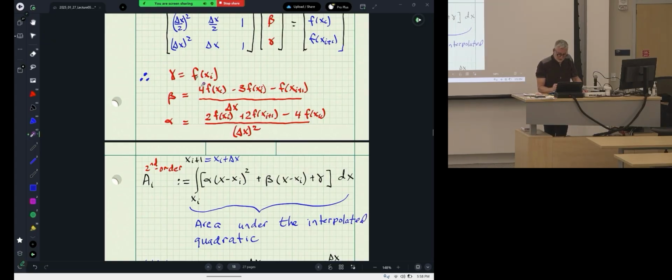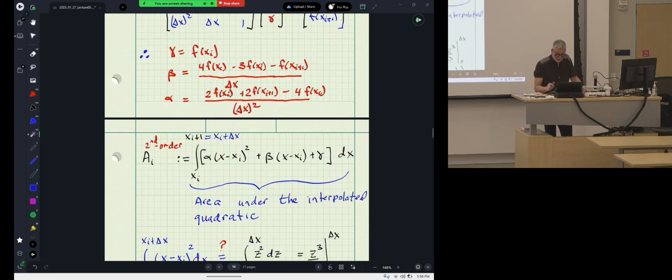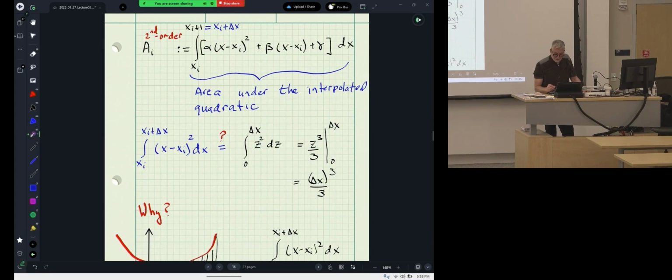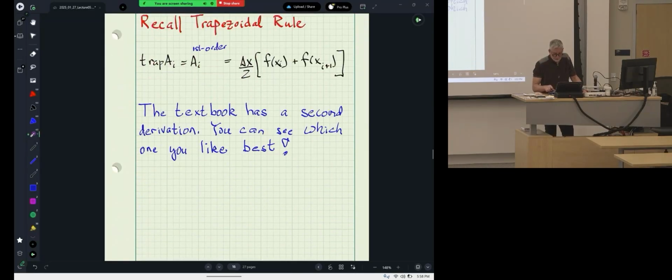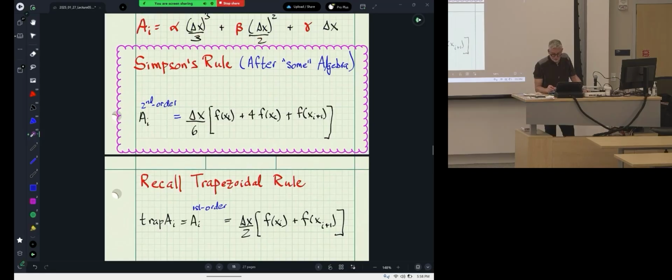Call this FI, call this FC, call this FIP1, just give it simple names for the variables. Plug them in, multiply by these integrals, and say, hey, simplify this for me. And this is what will pop out.